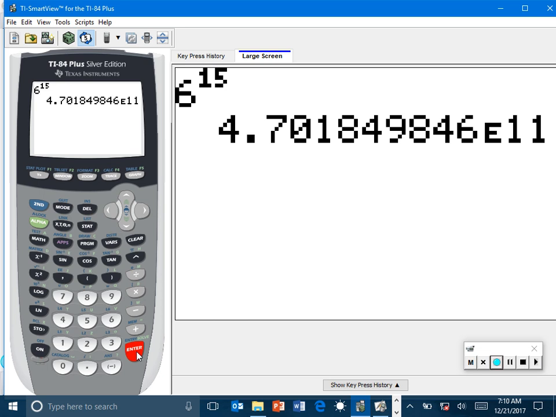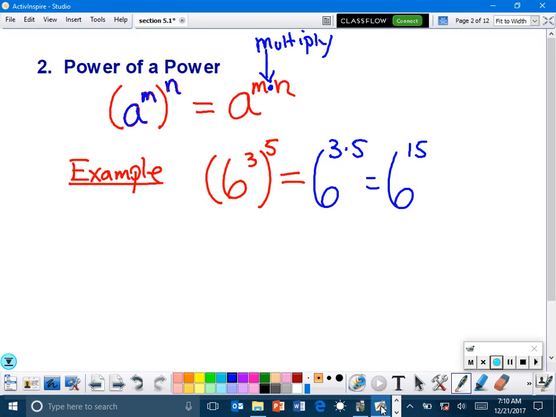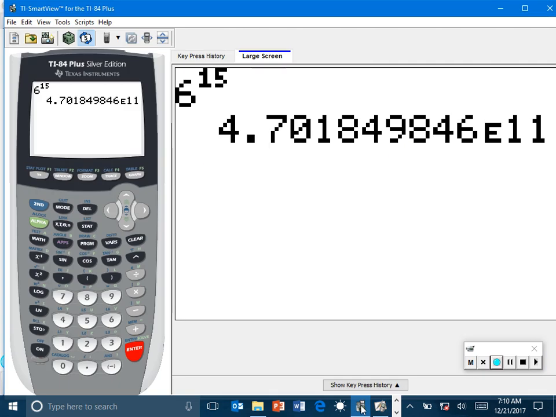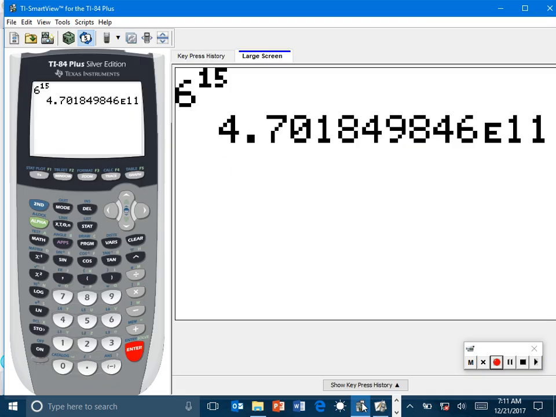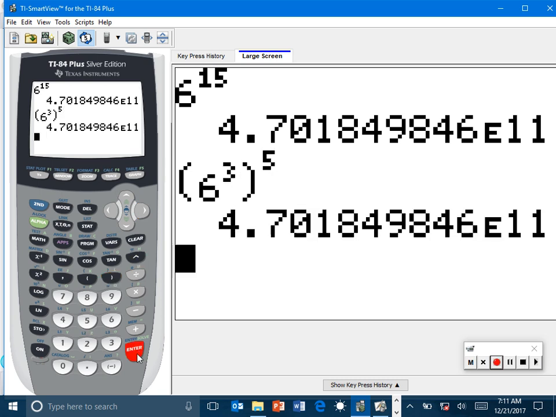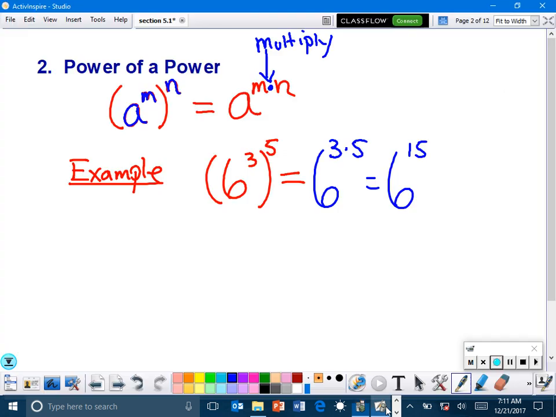But if I also type the original in, sorry, I said that wrong. 6 to the 3rd power to the 5th power. So I would do parentheses 6 to the 3rd power, and then I would do it to the 5th power, and you'll notice it's the exact same thing. All right, moving on.